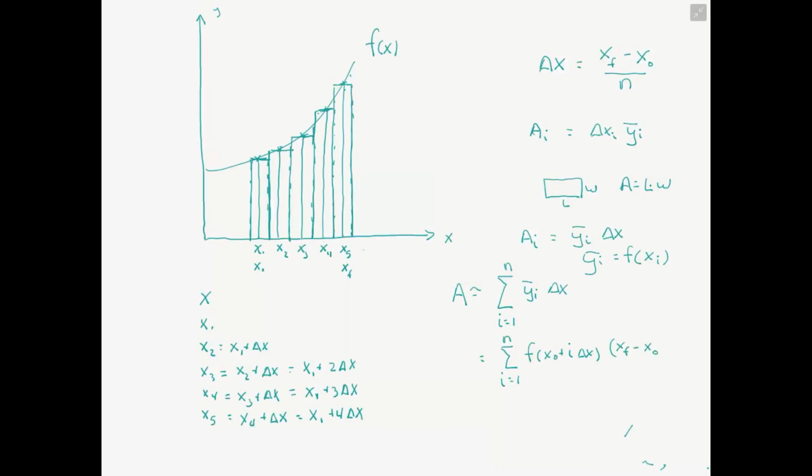So we have delta x, which is xf minus x naught over n.